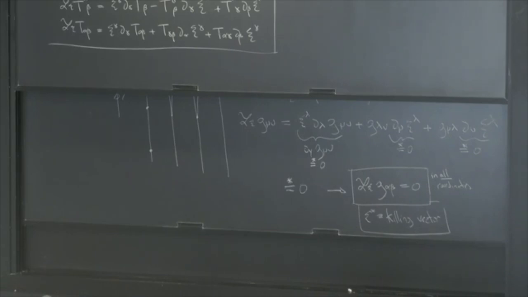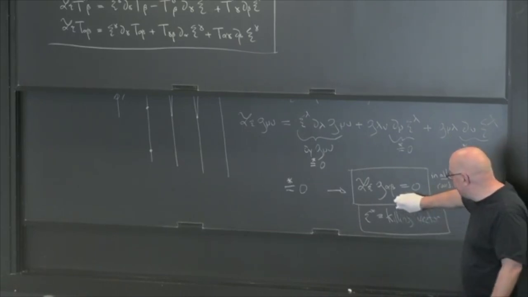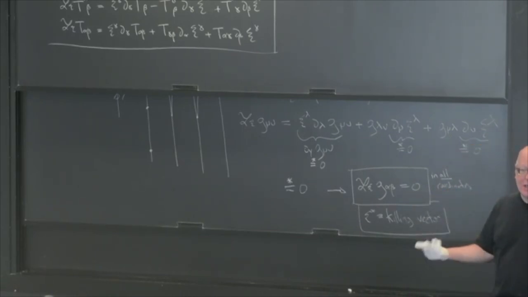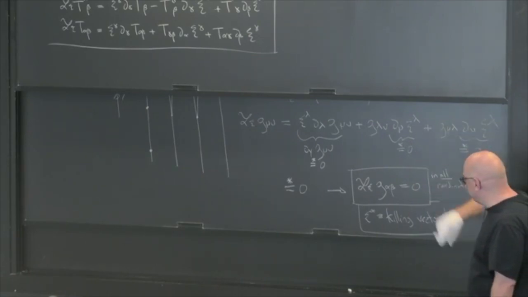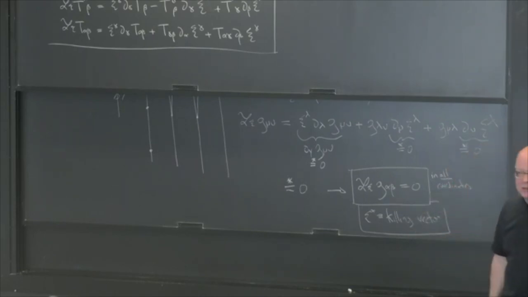So the Lie derivative is the thing that we need if we want to capture the invariance of the metric and the invariance of the spacetime under a symmetry of that kind. So I hope that answers the question of why we would care about the Lie derivative. It's really the structure that we can exploit when we work on a curved manifold to describe the invariance under a flow.